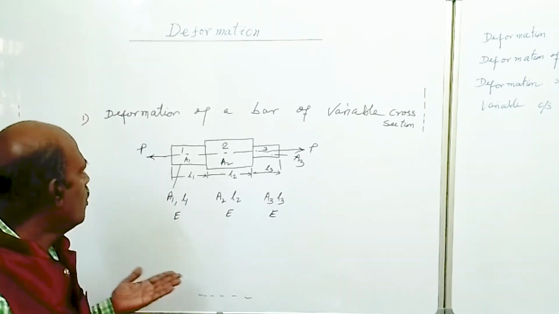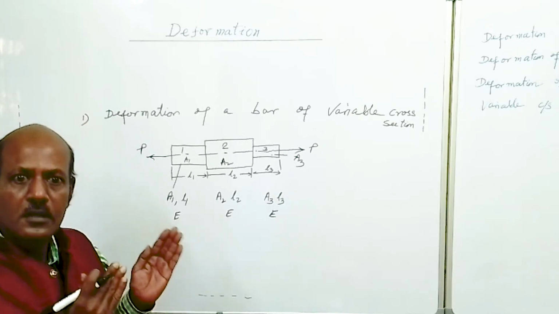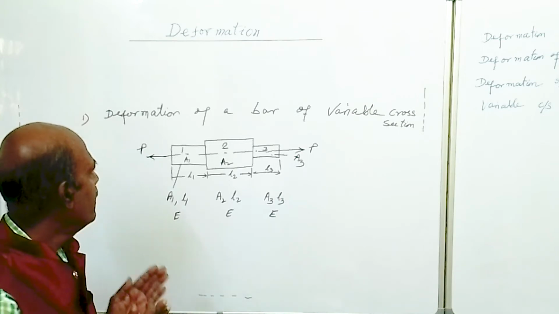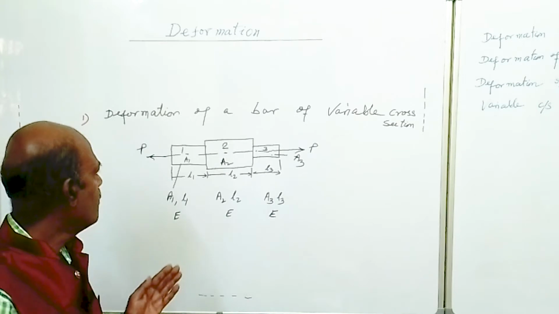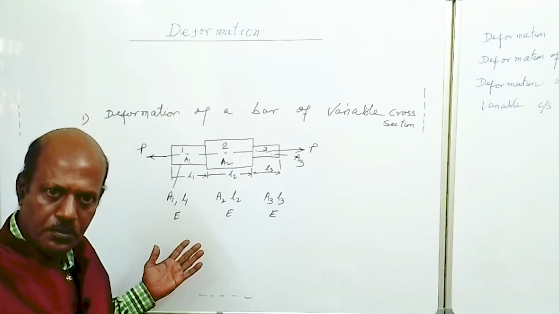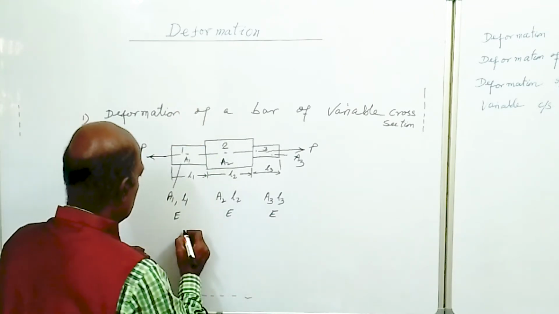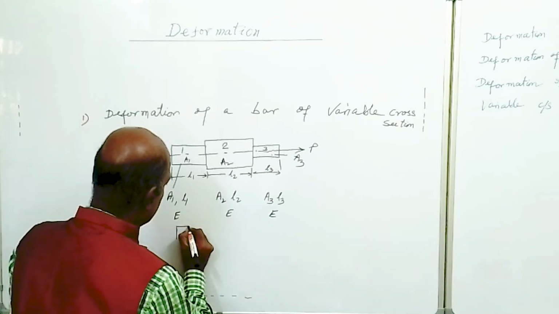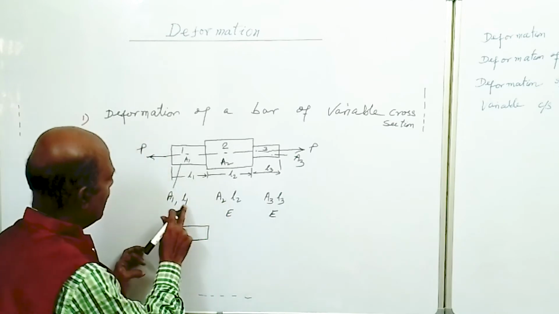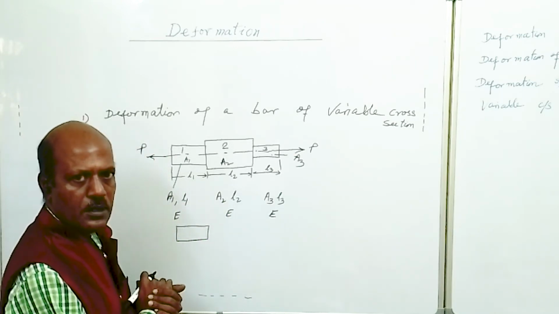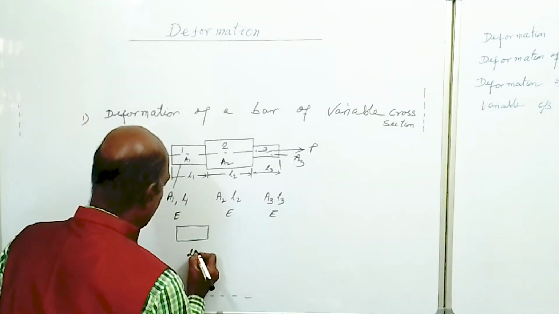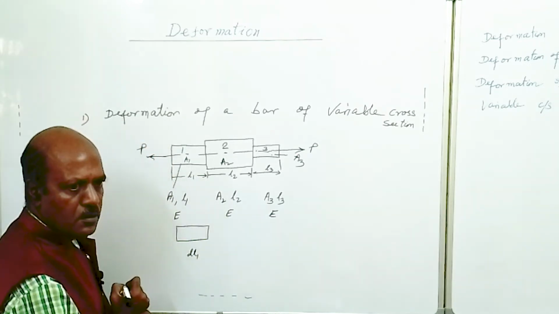Or if we draw the free body diagram of this body, then we can find that all the sections have the same tensile load, and the load value is P. So say the first section: A1, L1 and E are the cross sectional area, length and Young's modulus of elasticity of the material of this first section. So we can find the deformation produced in this section.